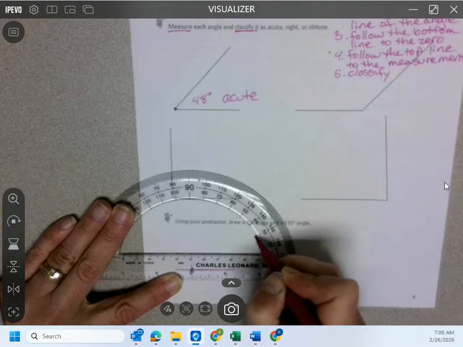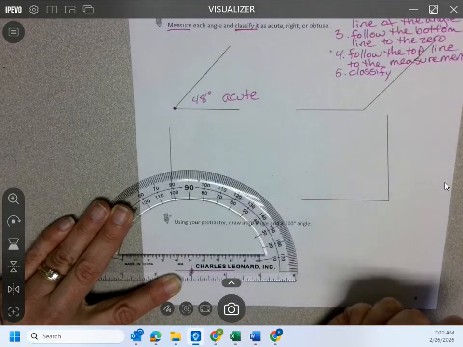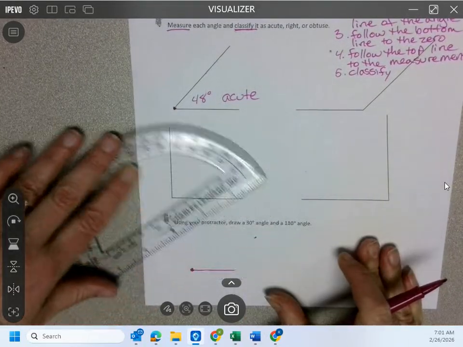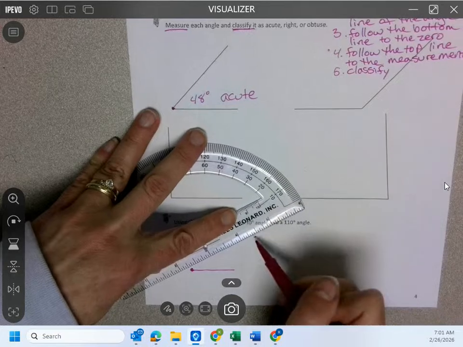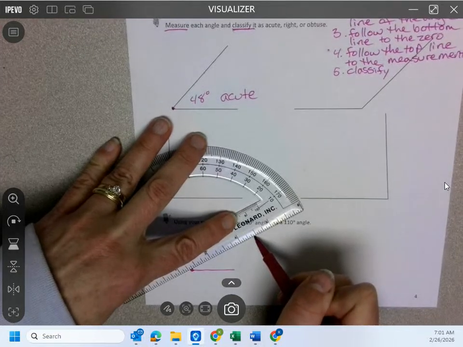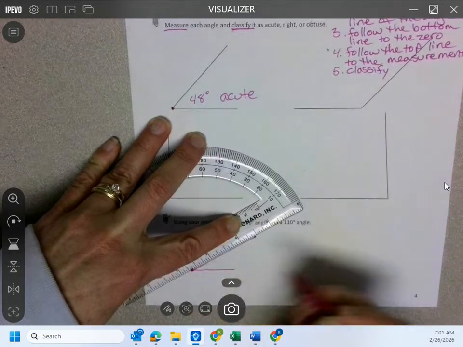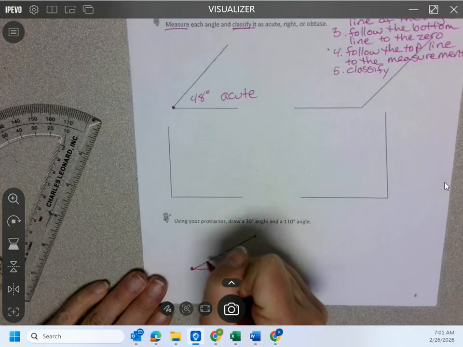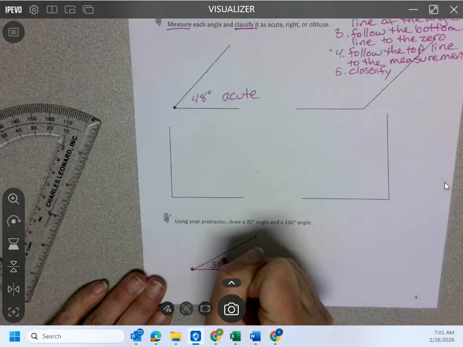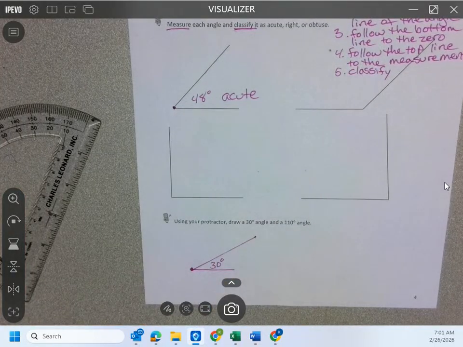So I'm going to put a point, a dot, right where that 30 degrees is. And then I'm going to lift up my protractor and I'm going to connect my 2 points, my vertex with the 30 degrees.